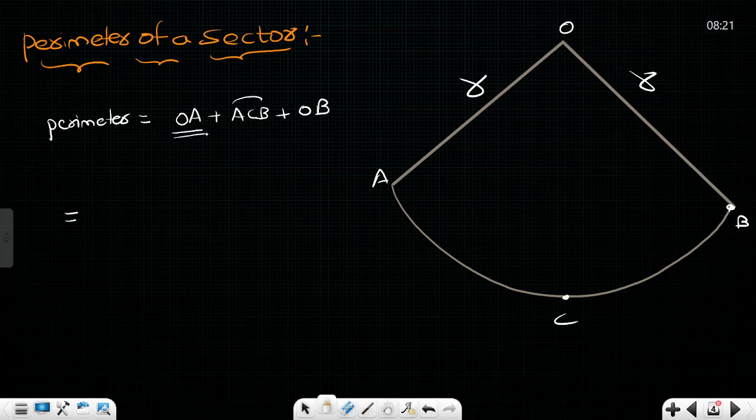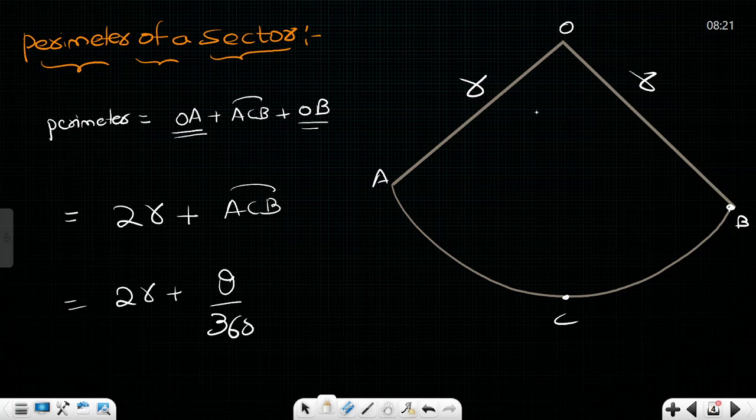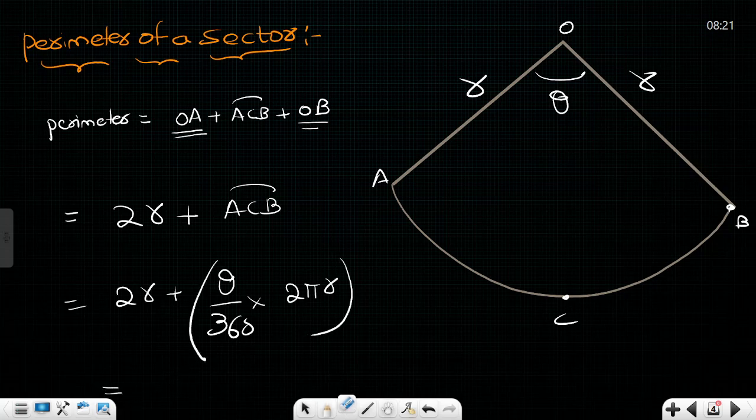Here OA and OB both are radii, so r plus r, 2r, and now arc length ACB is left out. That we already found, theta by 360 into 2 pi r. So this is the formula, nothing else.